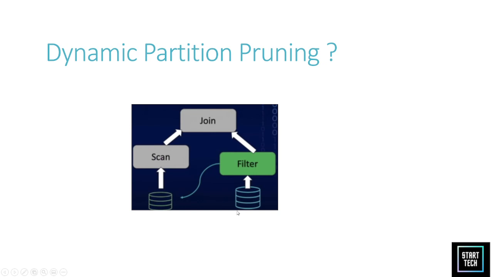The dimension table would be the smaller table, and the fact table would be the larger table. Earlier, filtering logic was applied on the dimension table, but now while you are doing a join, the filtering is also done automatically for your fact table, the larger table. That would eventually improve the performance of your query, or your Spark job.